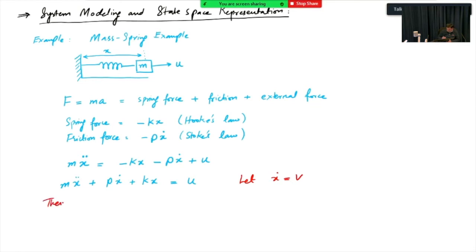So then m v dot, or if you divide throughout by m, it's just going to be v dot plus rho over m v plus k over m x, and then equals u over m.